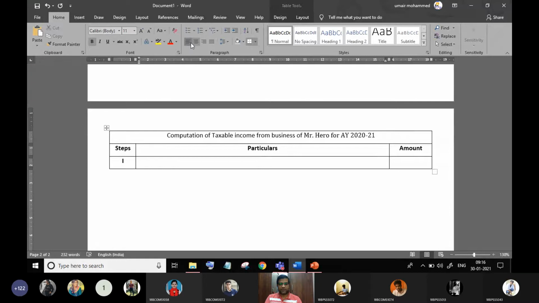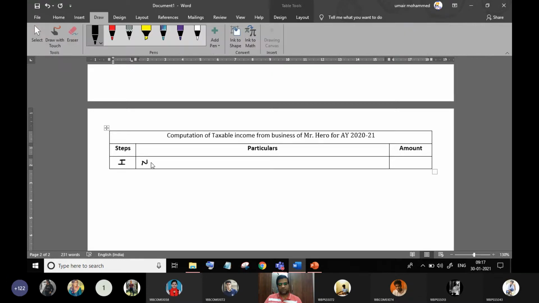The first step is to write down the net profit as per P&L account. So step number 1. Net profit as per profit and loss account.